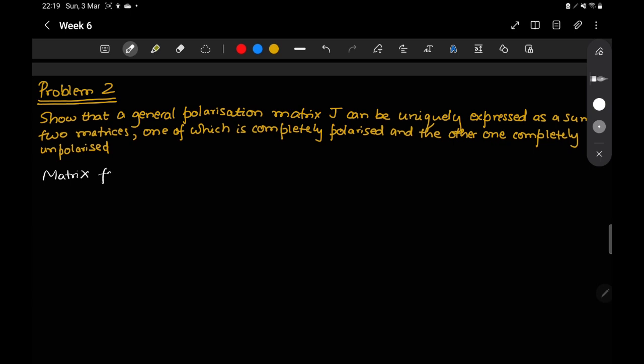So matrix for unpolarized light or field.